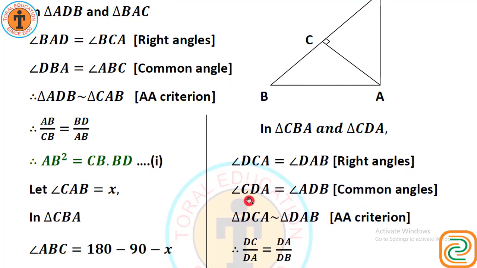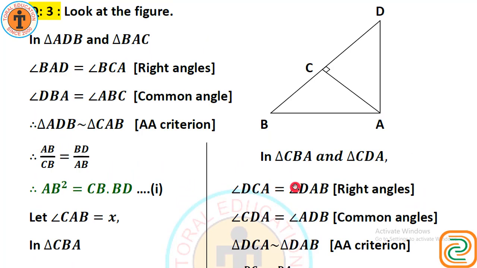CDA equals ADB, common angle. Look here, angles CBA and CDA, these two triangles are taken.